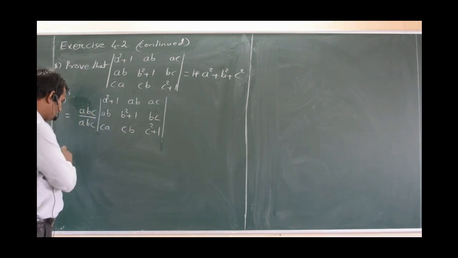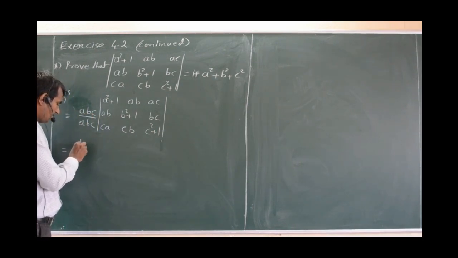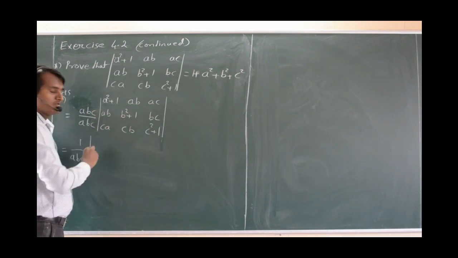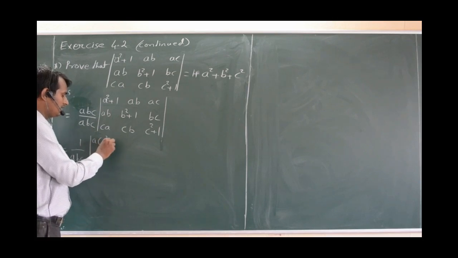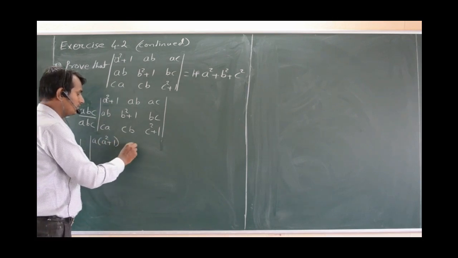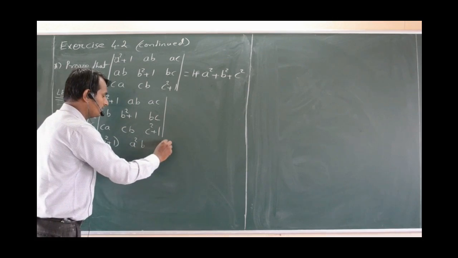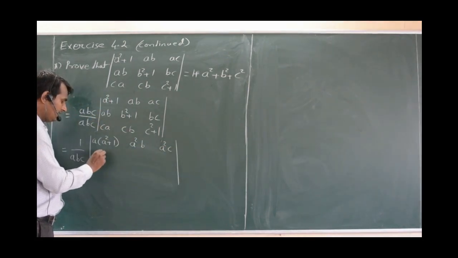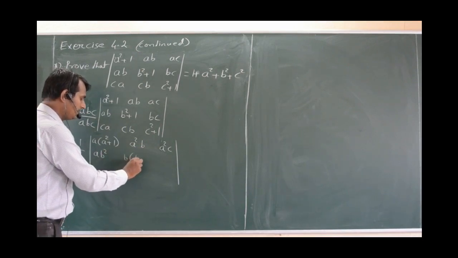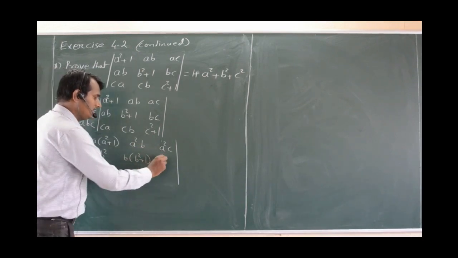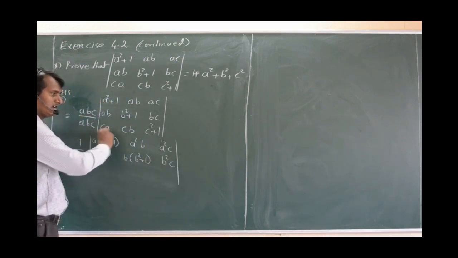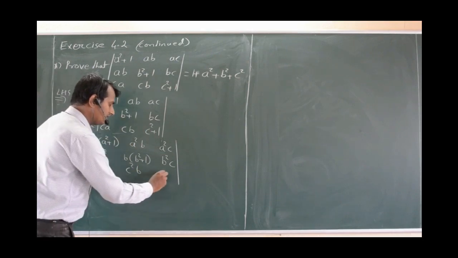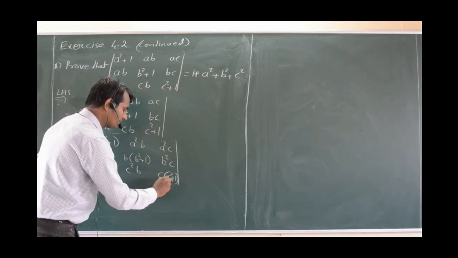What we get here is 1 divided by abc into, I will multiply the whole first row by a, that is a into a square plus 1, a square b, a square c. Next, the second row by b, that is a into b square, b into b square plus 1, then b square into c. And the third row I will multiply by c: c square a, c square b, and then c into c square plus 1.